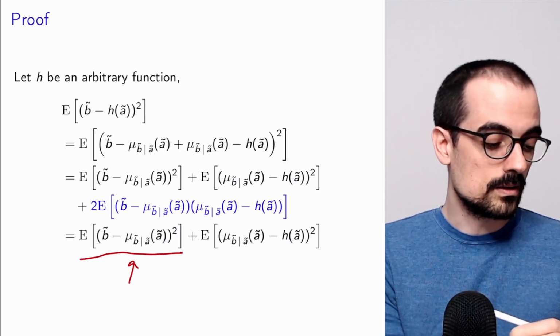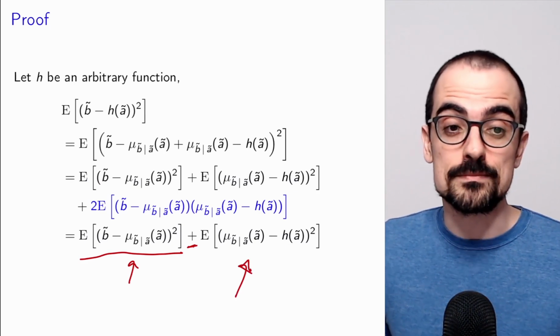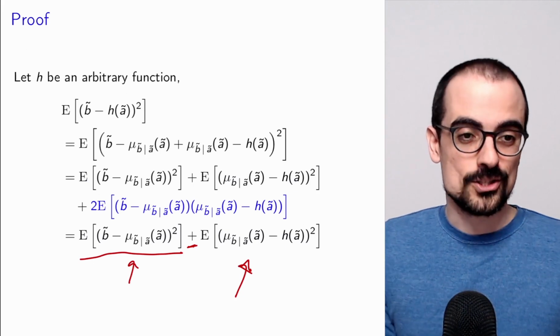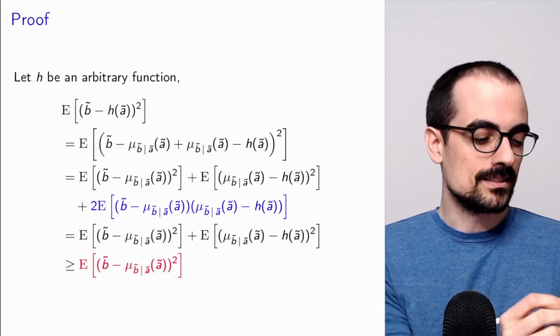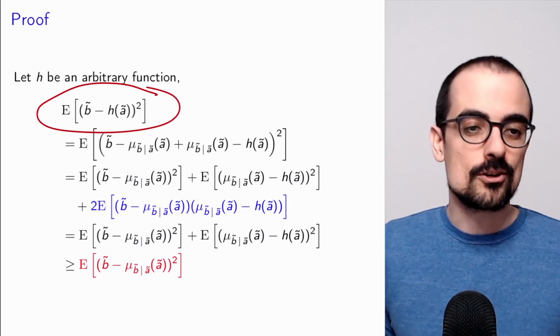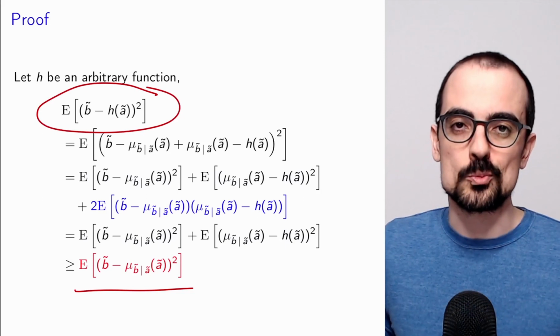And we have plus another term that is non-negative because it's the mean of a non-negative quantity. So this immediately implies that the error of an arbitrary function is greater or equal to the error of the conditional mean, which is what we wanted to prove.